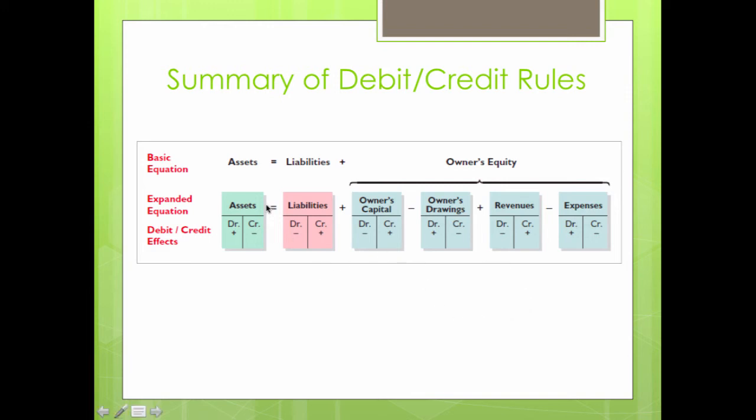Okay, now notice under liabilities that the rules are opposite from assets. Remember that liabilities are your credit cards or your bank loans. When you charge a debt on your credit card, your balance increases, correct? So when you record this transaction, you are giving a credit to your liability.